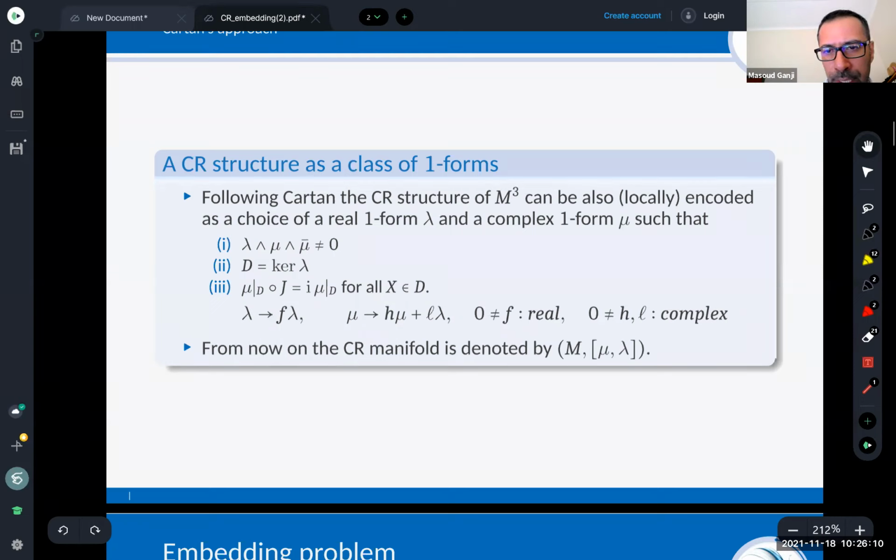And we denote this as a CR manifold: a three-dimensional real manifold plus a class of one forms satisfying these three conditions. That's maybe not a new definition, but another way of defining CR manifolds. And actually we use this definition all the time in this talk.